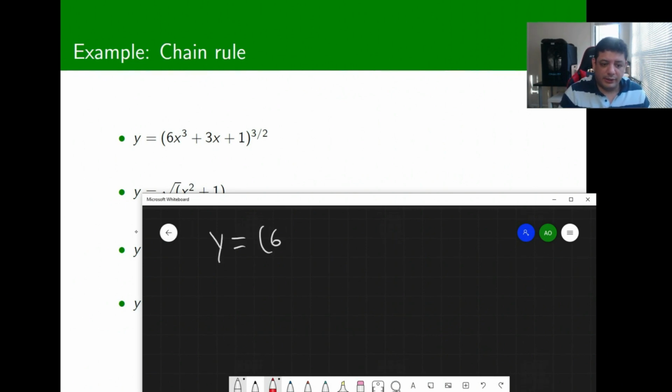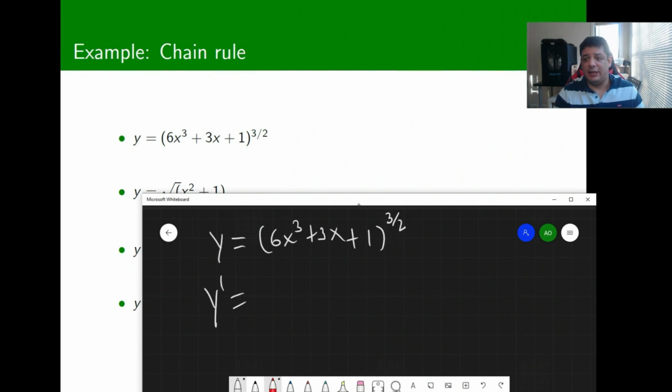y equals 6x cubed plus 3x plus 1, to the 3 halves. This is just an example of using the generalized power rule now with the chain rule. So y prime is going to be, and now I'm just going to go ahead and do the chain rule directly without identifying the functions. This will be the ideal way of doing this.